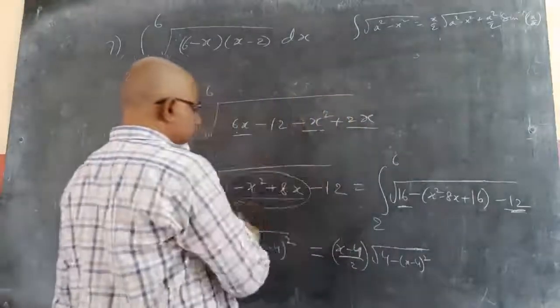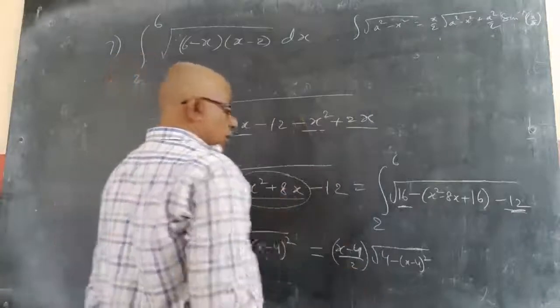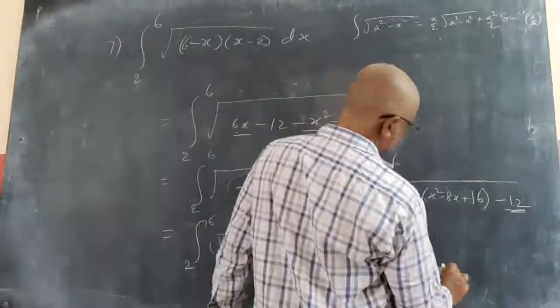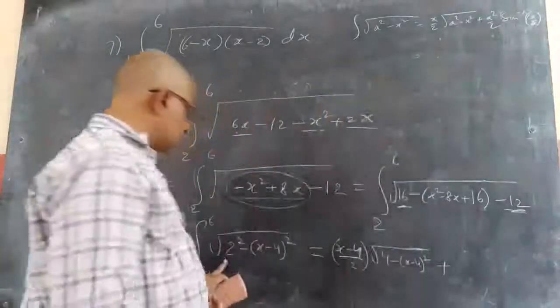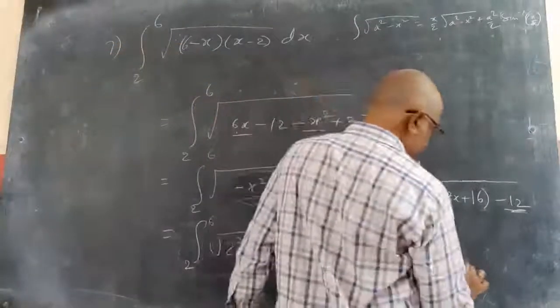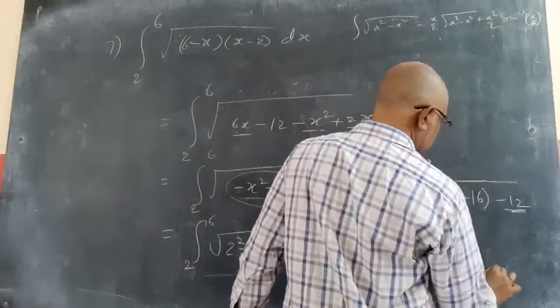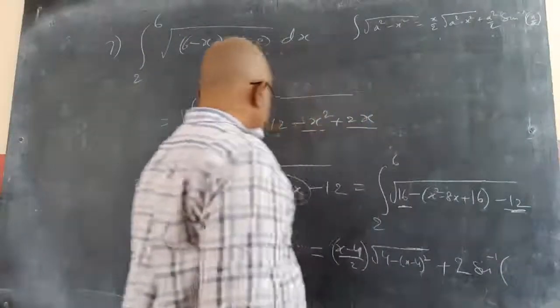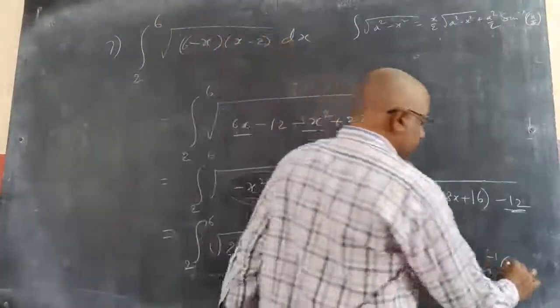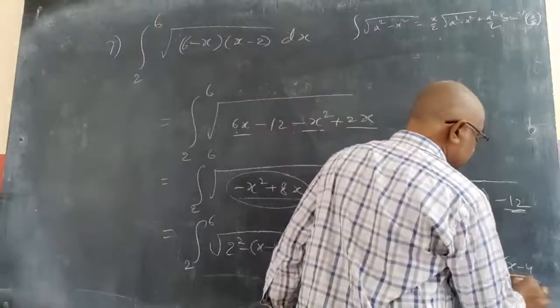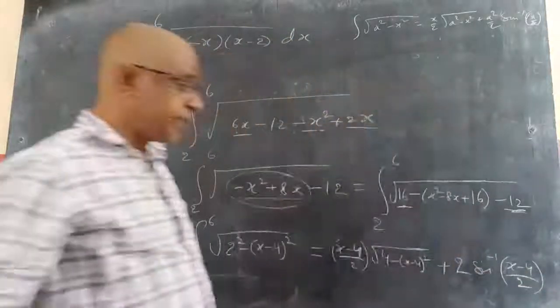Plus a square by 2, where a square by 2 is 2 square, 4 by 2, which is 2, into sin inverse x by a, where x is x minus 4 and a is 2: sin inverse of (x minus 4) by 2.